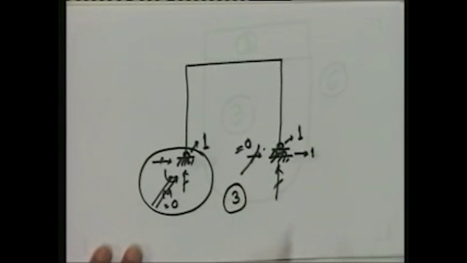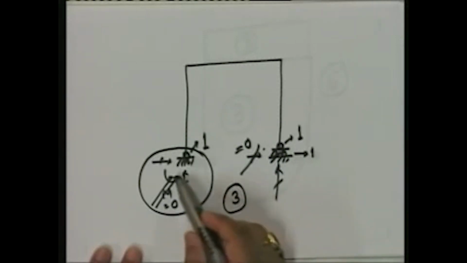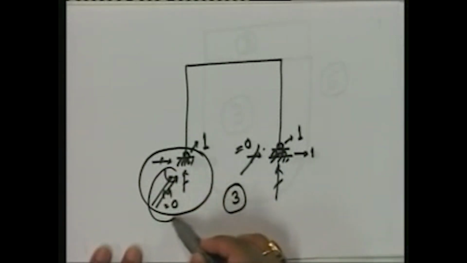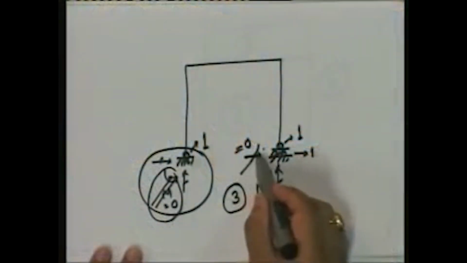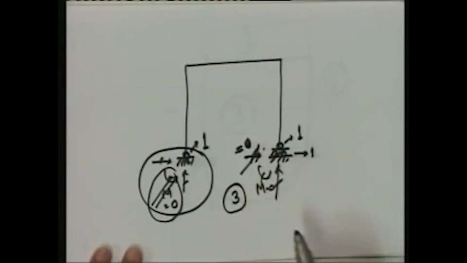When you take a 3 degree of static indeterminacy structure and put 3 of the forces equal to 0, because that's what I have done. Here I have taken this moment, put it equal to 0. I have taken this, put it equal to 0. I have taken this moment, put it equal to 0.